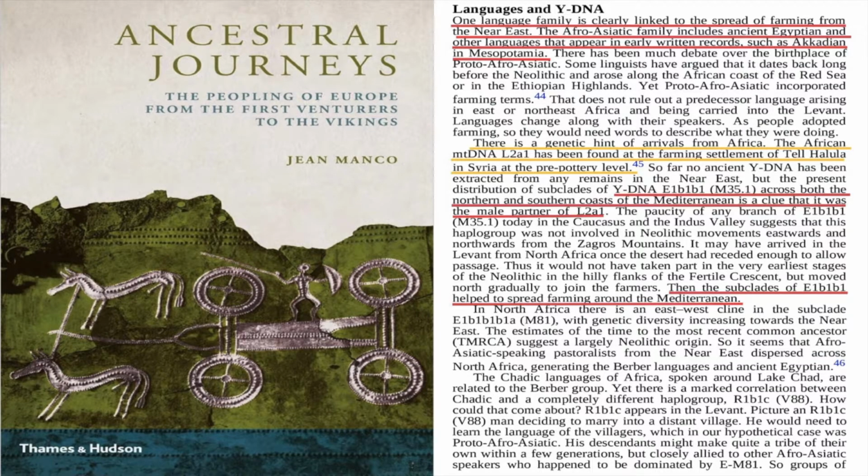Y DNA E1B1B1 across both the north and southern coast of the Mediterranean is a clue that it was the male partner of L2A1. Then, the subclades of E1B1B1 helped to spread farming around the Mediterranean. So we see that Haplogroup E and L2 would have been partners.